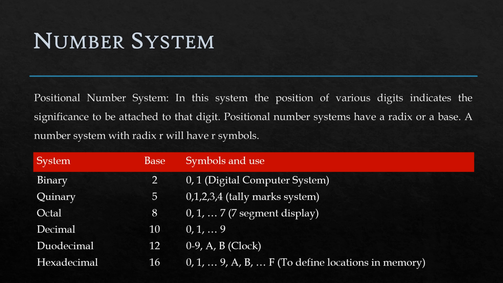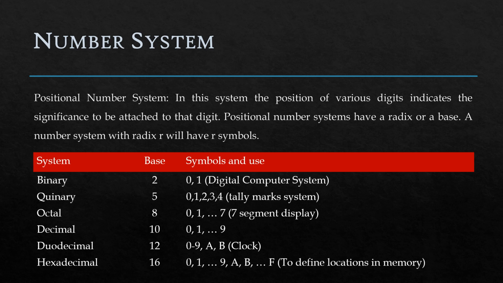Then the hexadecimal system. In hexadecimal, hexa stands for 6 and decimal stands for 10, so 10 plus 6 is 16. The base value of the hexadecimal system is 16, and it consists of 16 different symbols: 0, 1, etc. up to 9, then A, B, C, D, E and F. These systems are commonly used to define memory locations in a computer.